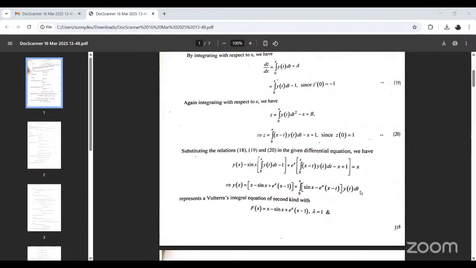So it represents the Volterra integral equation of the second kind.